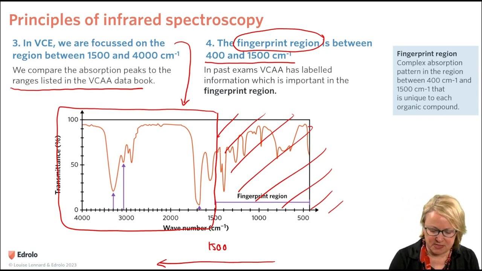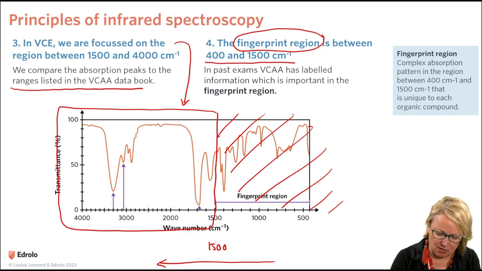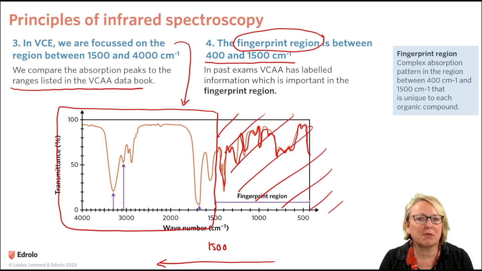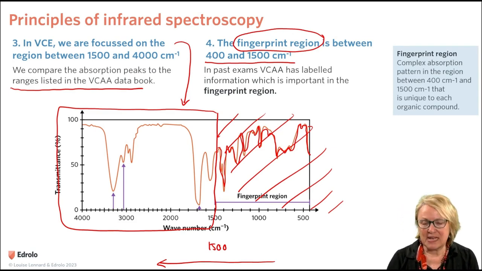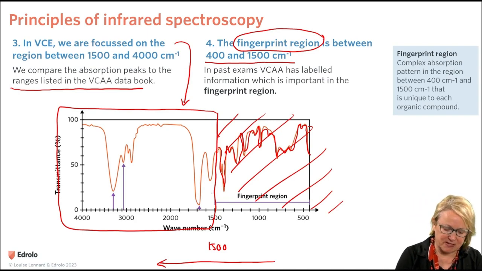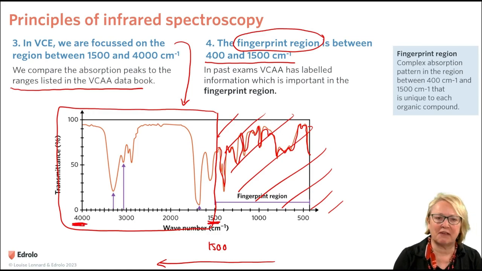This complicated set of peaks is indicative of a particular compound, such as ethanoic acid versus propanoic acid versus butanoic acid. In past exams, VCAA has labelled important information in the fingerprint region, but that's not the main focus of what you need to be able to do. You need to be able to identify information from 1500 all the way to the left to 4000.